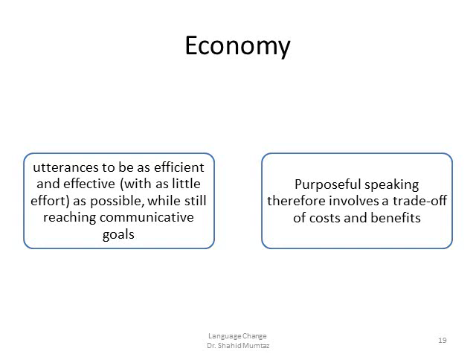So one of the causes is economy. The speech community tries to be as efficient as possible with as little effort as possible, and purposeful speaking therefore involves a trade-off of costs and benefits.